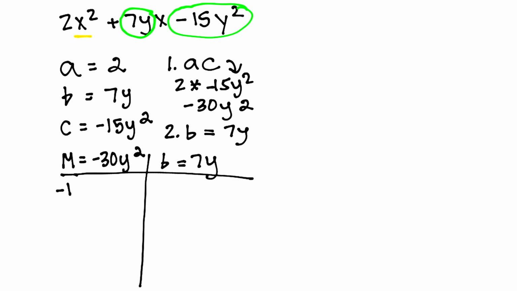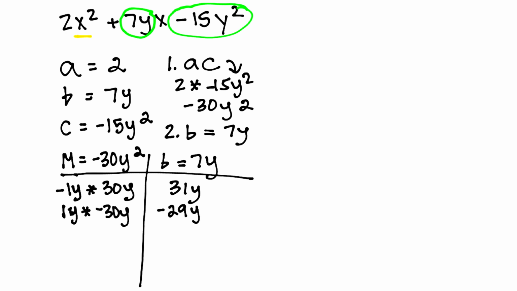So the first set of factors would be negative 1y times 30y. And when you add negative 1y and 30y, you would get 29y. And because b is positive, we want the positive factor to be the larger number. So, for example, if we did 1y times negative 30y, we get negative 29y.